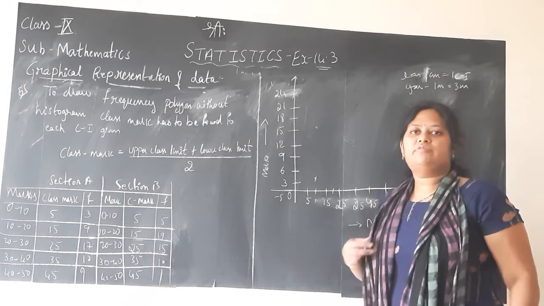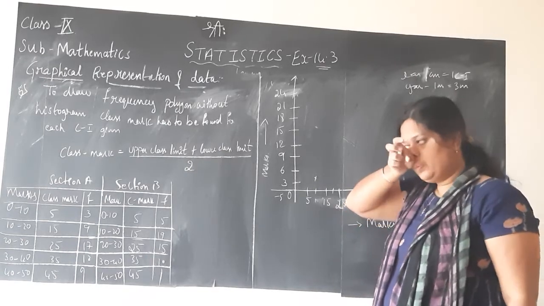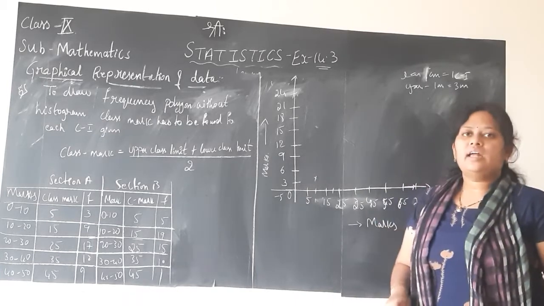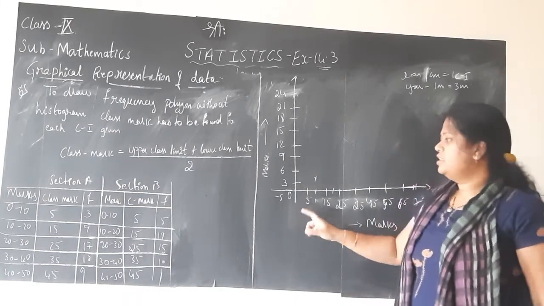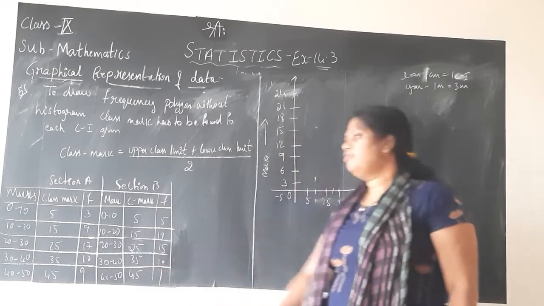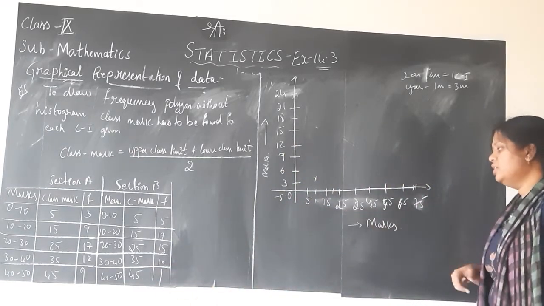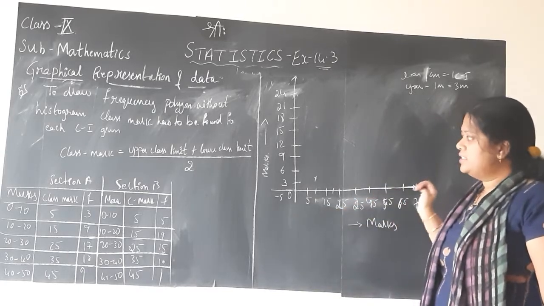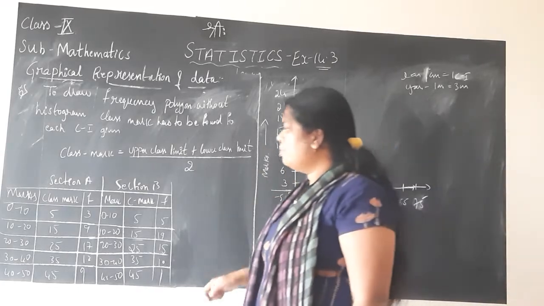Now, since this is the first problem where we are plotting the frequency polygon curve, children, I am doing it for you. So here along the x-axis, the class marks 5, 15, 25, 35, 45 I have chosen on the x-axis. Y-axis will obviously be the frequency.